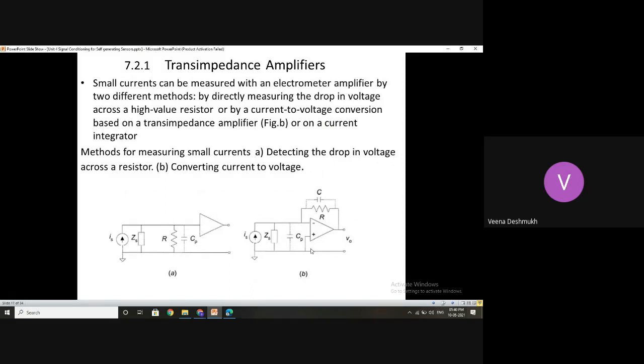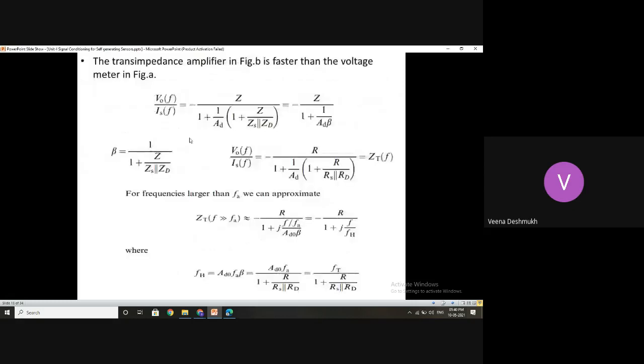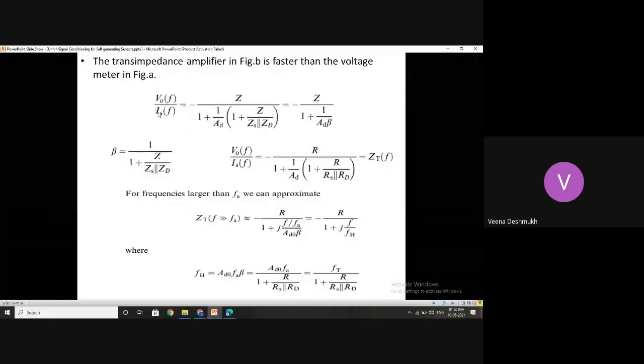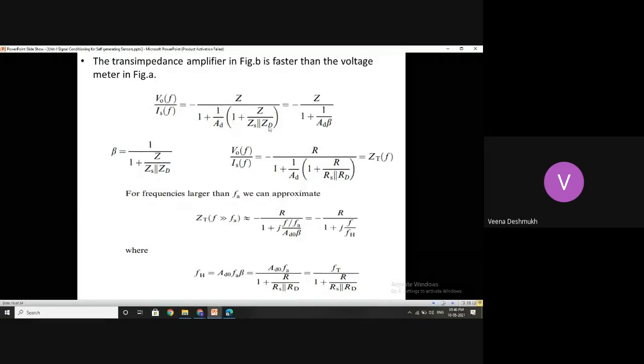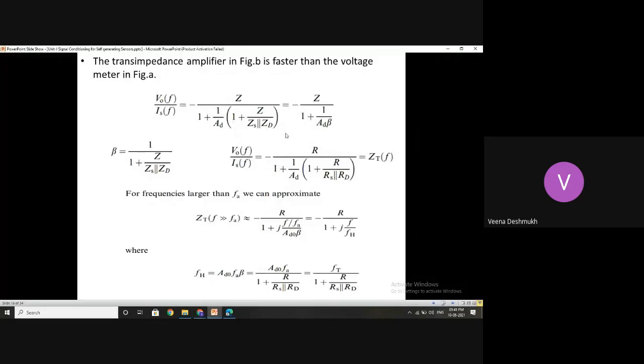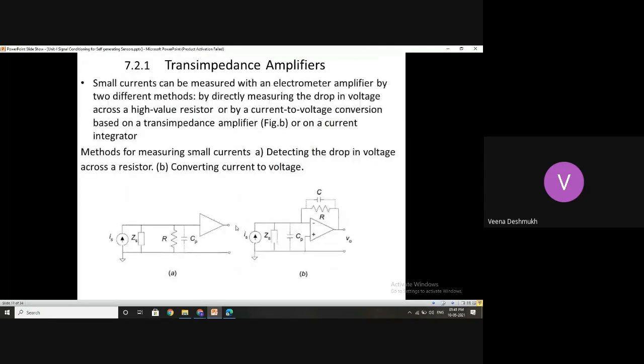Now, what is the analysis of that? If you write the transfer function for output voltage to input current, where IS is the source current and VO is the output voltage, then it is Z divided by 1 plus AD into this combination. Now, what is this combination? ZS is the source impedance and ZD is the parallel combination of this. ZD is basically the device input impedance. ZD stands for the device input impedance. Now, the device input impedance is the parallel combination of whatever you have connected here.